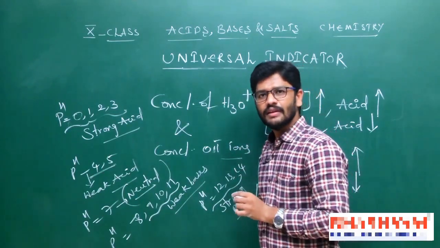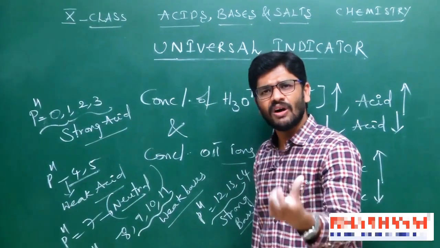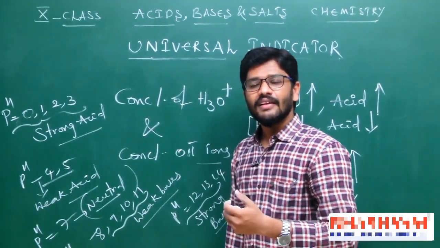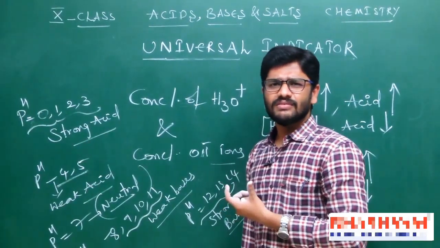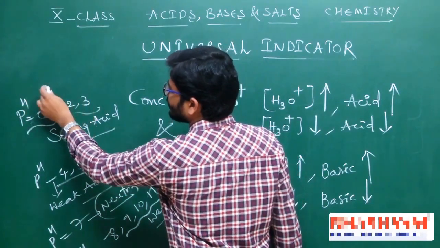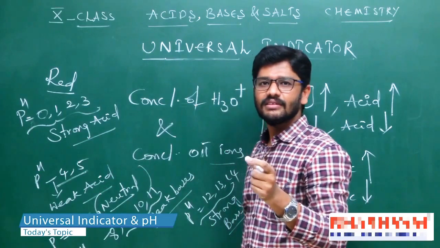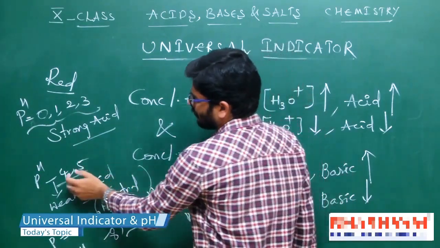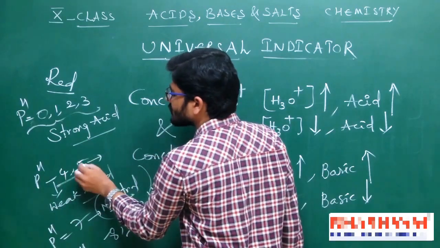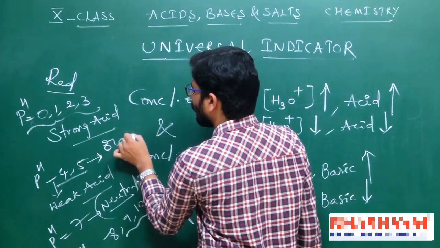Okay, students. So based on the value, we can say whether it is strong or weak. And we are observing colors also. If the pH is 0, 1, 2, 3, in this range the pH paper color is red. At the values of 4, 5, the pH paper shows orange color.